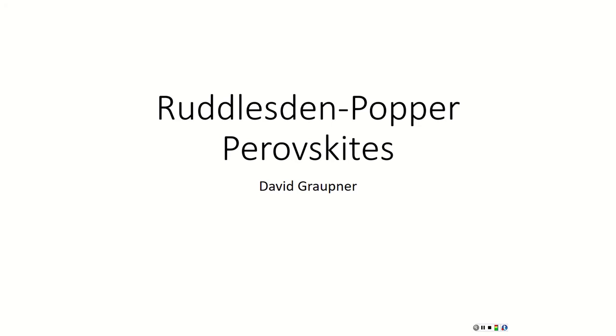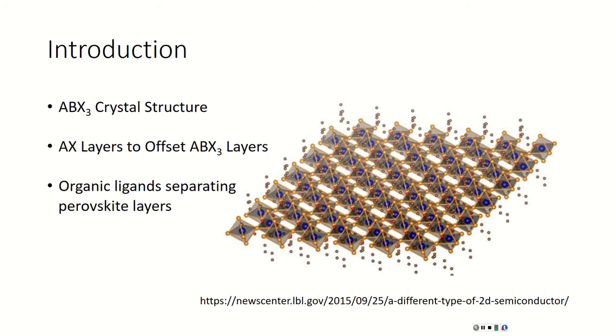So I was examining Ruddlesden-Popper perovskites, and so the generic perovskite, you see a generic layer here. It has an ABX3 crystal structure. So the A and the B are cations, and the X is an anion. In my case, I'm looking at cesium lead chloride perovskites.